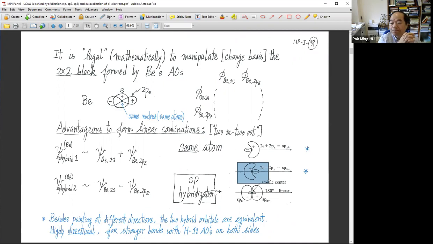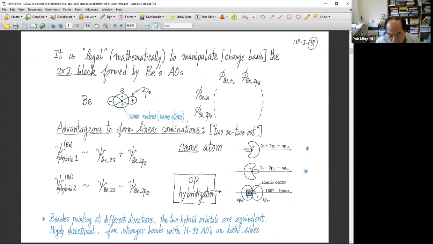Is that okay? I'm not changing any fundamental physics, making assumptions, things like that, okay? I'm just changing basis. And usually you don't see this picture, you see these two pictures drawn together. So here it is showing in a pictorial way two so-called sp hybridized orbitals.